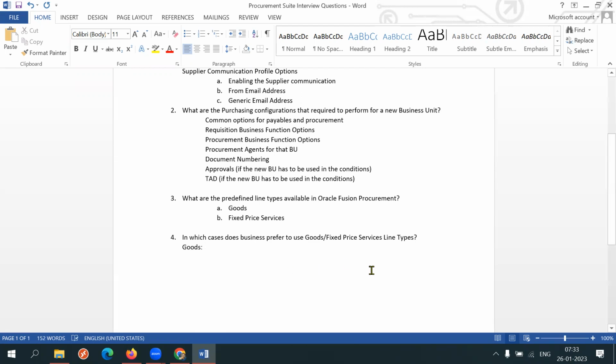The goods. So this can be used for both inventory and expense items.